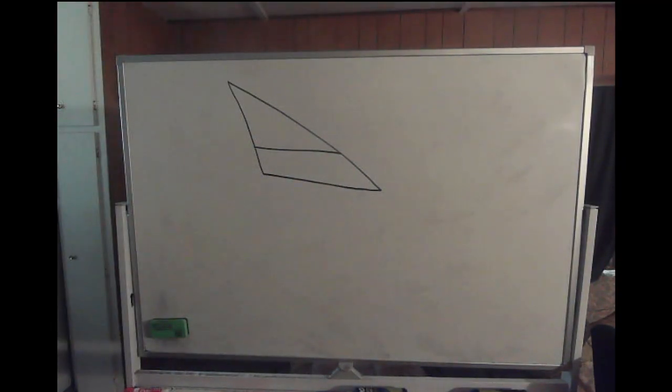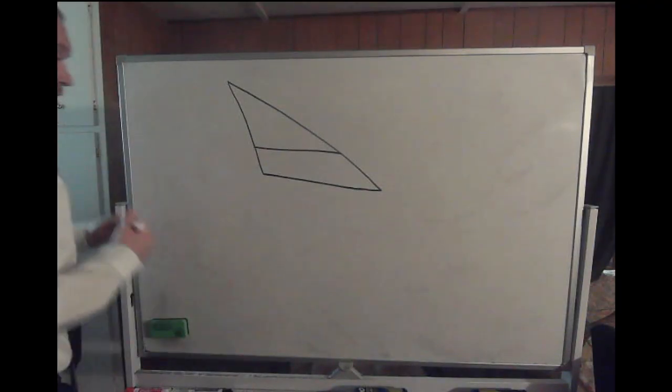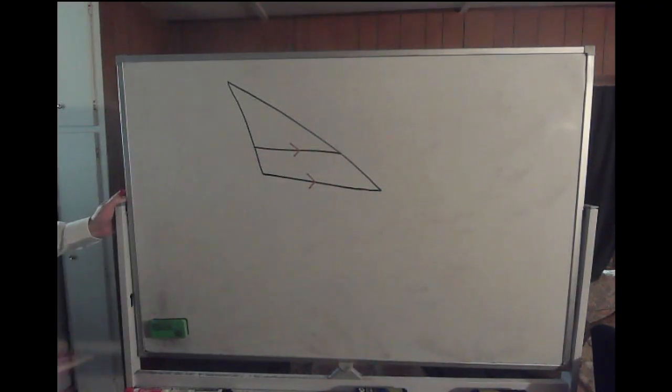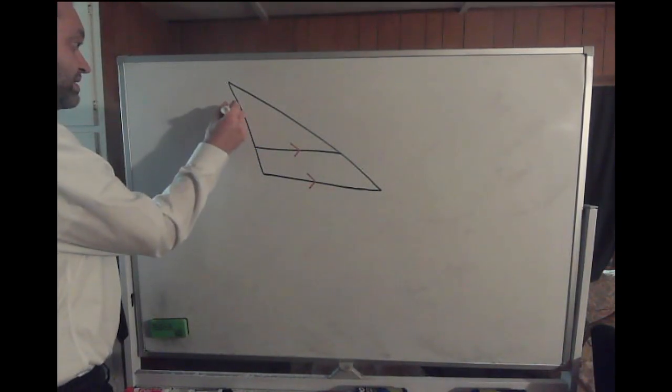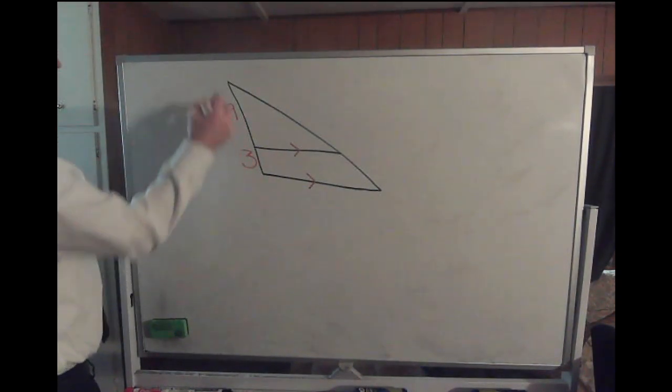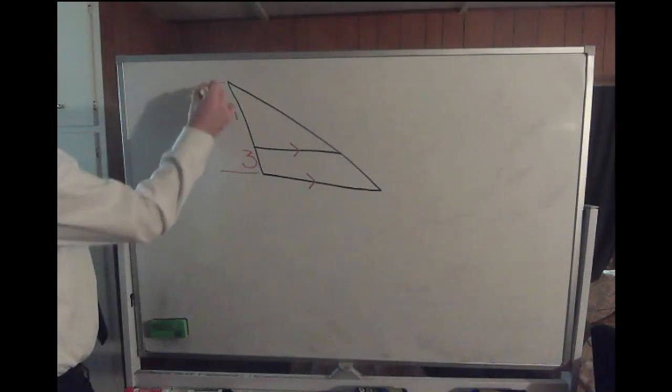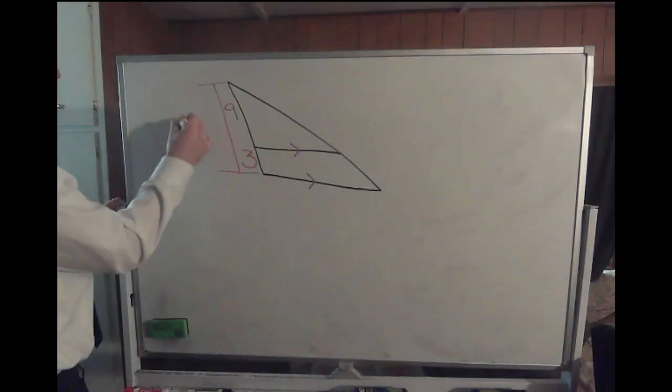All right. So this line is parallel to this line. What else do we have? This has a length of 9. This has a length of 3, making the whole length of this segment equal to 12.